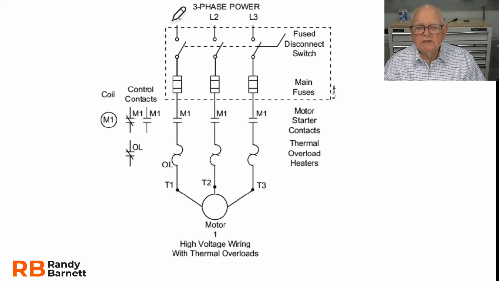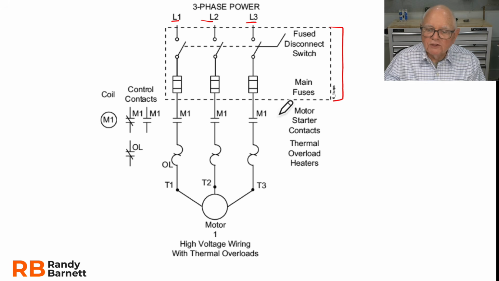So the power comes in on L1, L2, and L3, goes through that fuse disconnect switch, and from there it goes to the motor starter. So these M1 contacts are the contacts that are physically located inside the starter that we took a look at. The coil is in the control circuit. We don't see that coil on the main power circuit, do we?